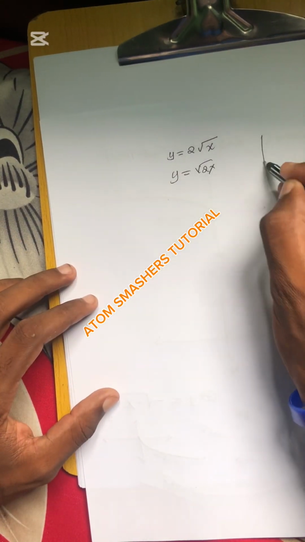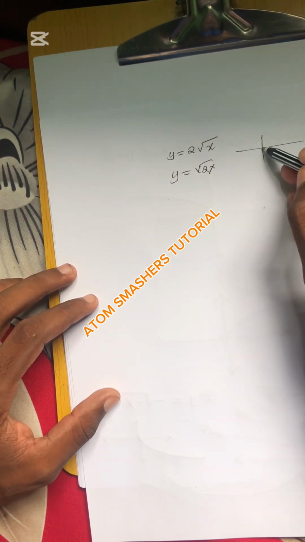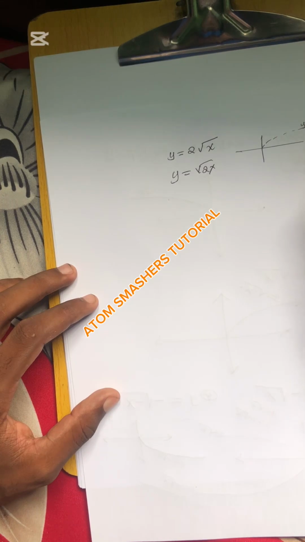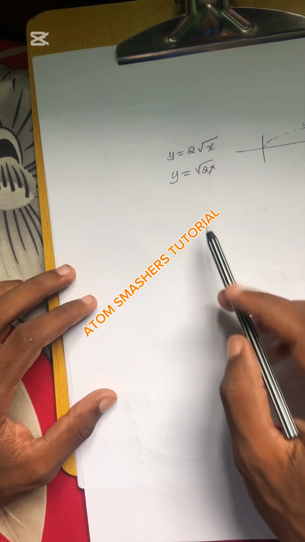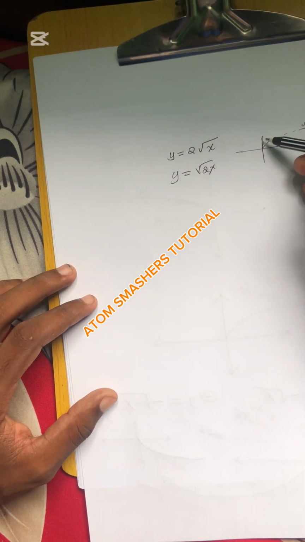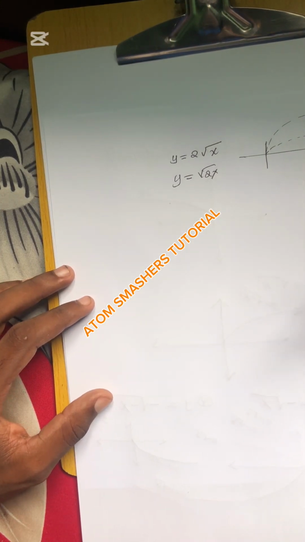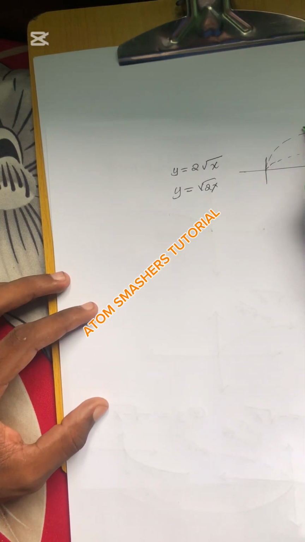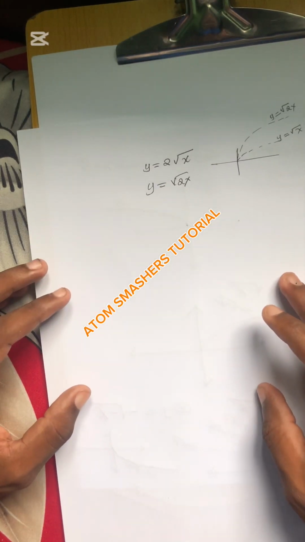If the general graph is y is equal to the root of x, then for y is equal to the root of 2x, the graph will grow two times.